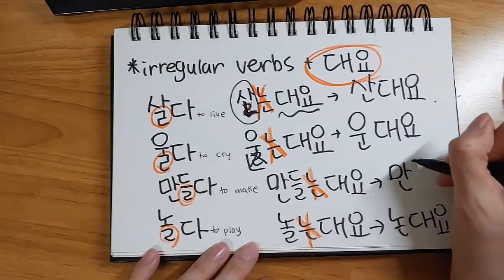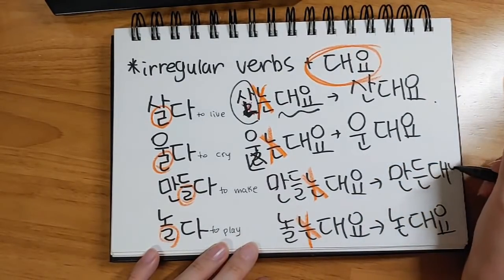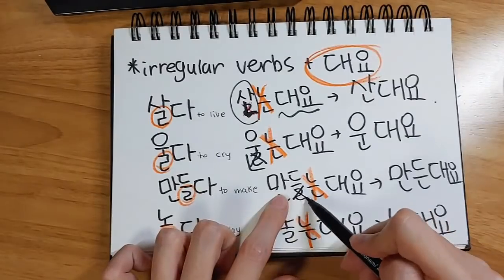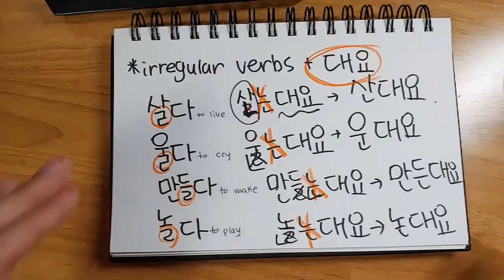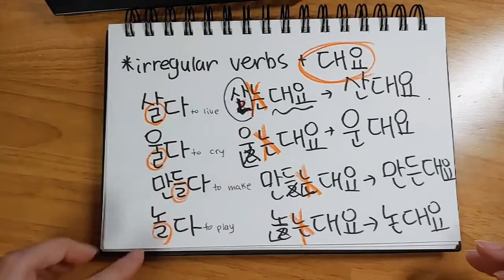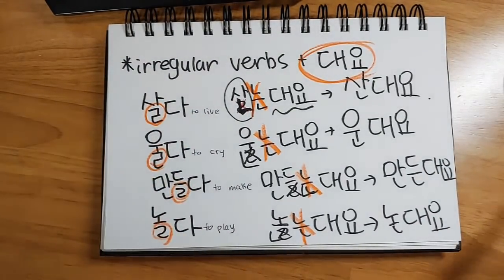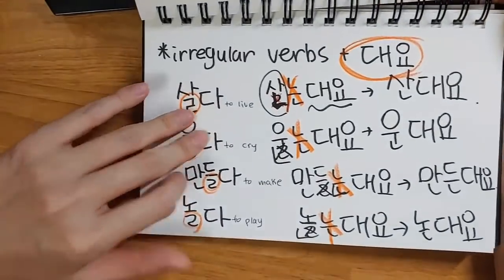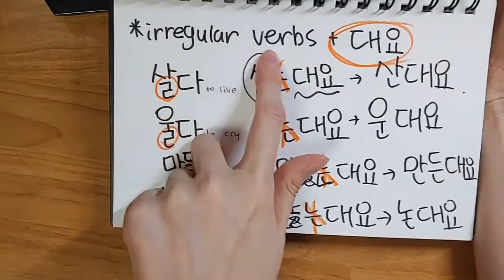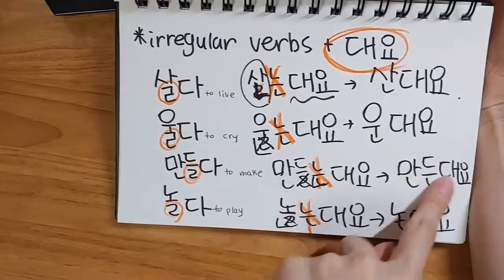Yes. 만든대요. 맞아요. Because you have to replace 리을 받침 with 니은 받침. It's just the rule that these guys demand, because irregular verbs are quite annoying and demanding guys, so we have no choice, guys. We have to get used to them. So yes. So these verbs combined with 대요 follow this rule.